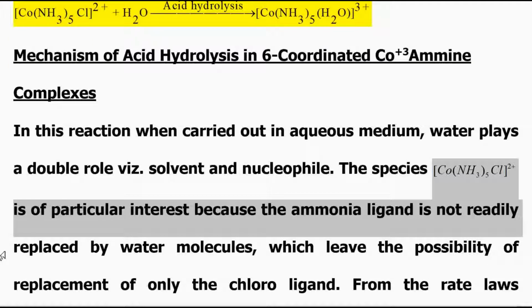It will not leave easily because ammonia cannot be readily replaced by water molecule. So what happens? You have Co(NH3)5Cl and you want to carry out acid hydrolysis. You want to replace some ligand. The 5 ammonia molecules cannot be replaced by water. So only the chloro ligand will be replaced. So this is the reason why we select this particular cobalt 3 amine complexes.